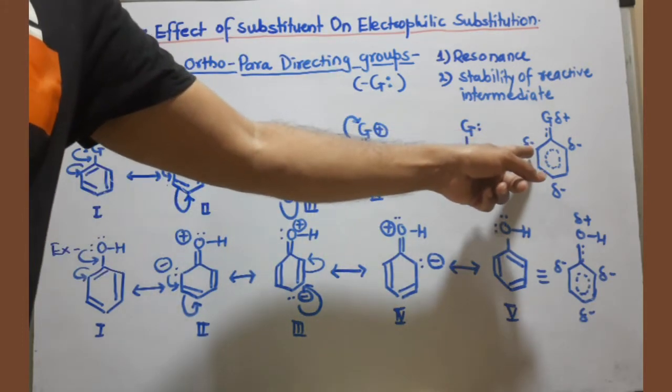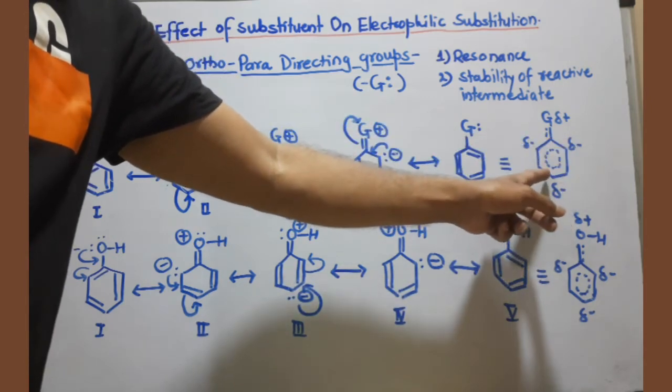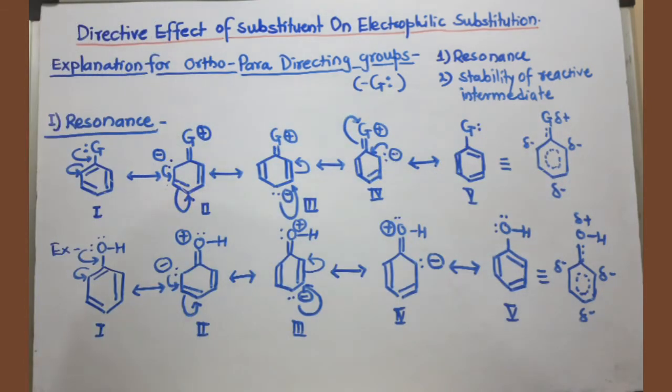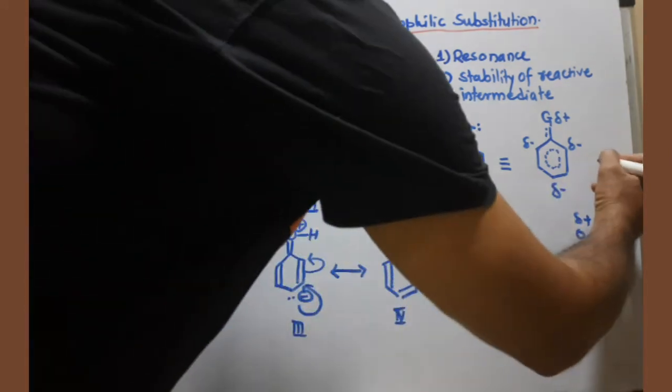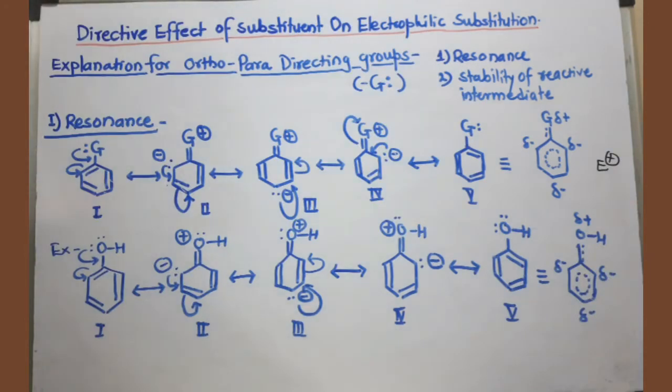Now you can see easily here, at ortho position there is a negative charge and at para position there is a negative charge. If an electrophile is coming for attack, the electrophile is electron deficient, so it will select the position where the electron density is more.